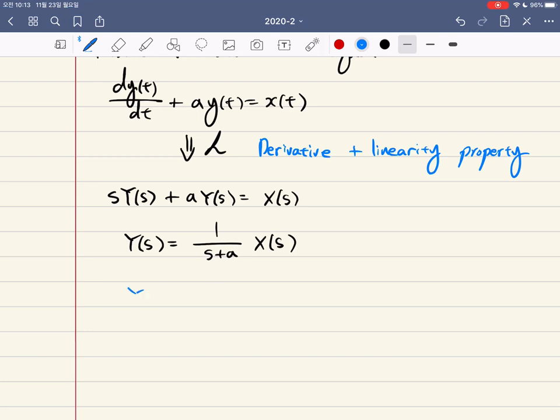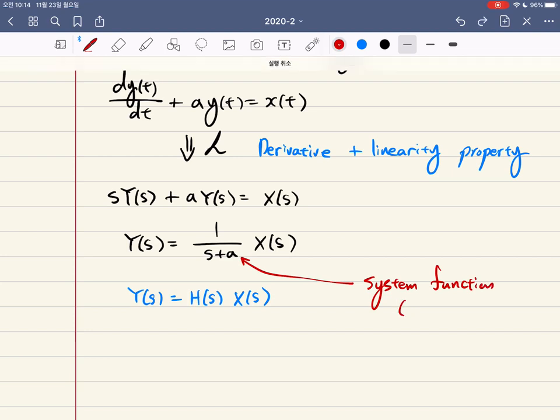And if you compare to the convolution property of the LTI system, we will recognize this as the system function, right? So this right here, 1 over s plus a, is the system function. And we know this by the convolution property.